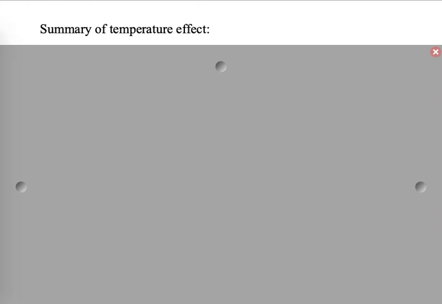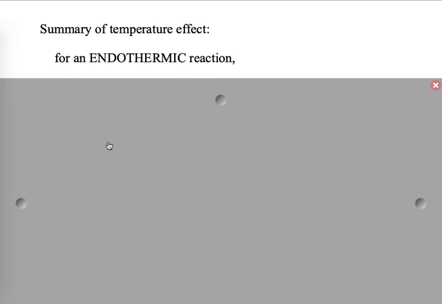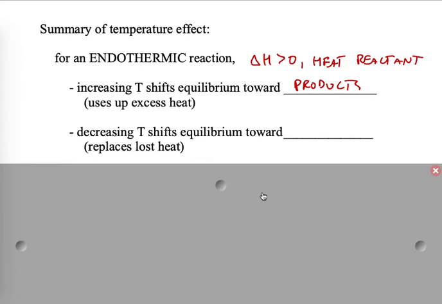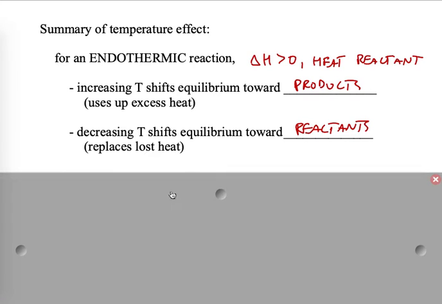So, summary of the temperature effect. For an endothermic reaction, for which delta H is positive and heat is a reactant, increasing temperature shifts the equilibrium towards the products to use up the excess heat. Decreasing temperature shifts the equilibrium towards the reactants to make up for the lost heat.